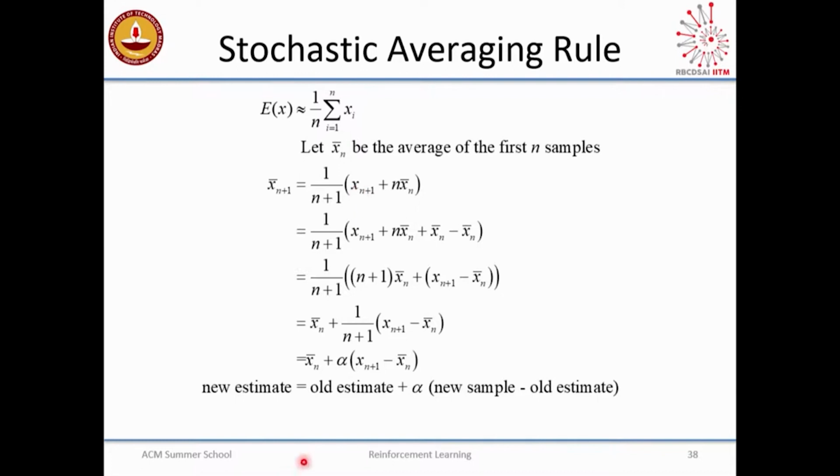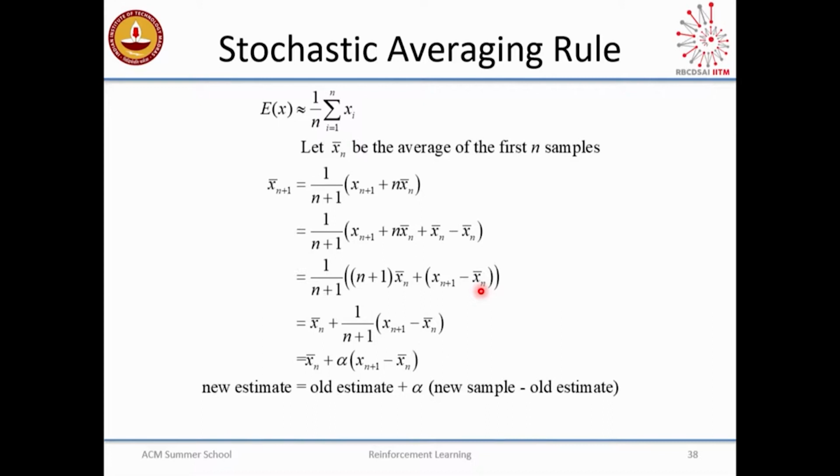This is my new average. Now I am going to do some arithmetic here. I am going to add and subtract x bar n. Now I can take these two together and write it as n plus 1 into x bar n, and the rest I can write as xn plus 1 minus x bar n.